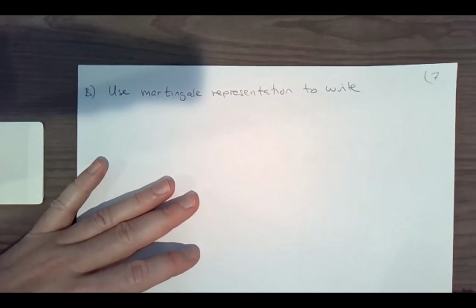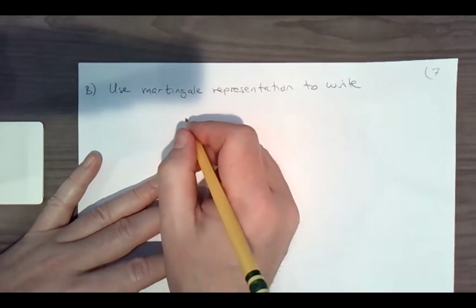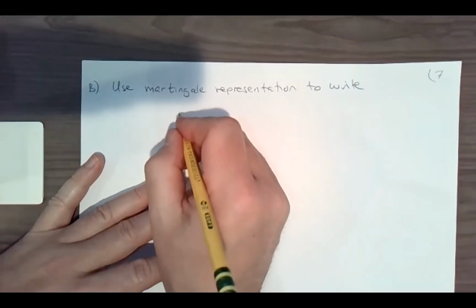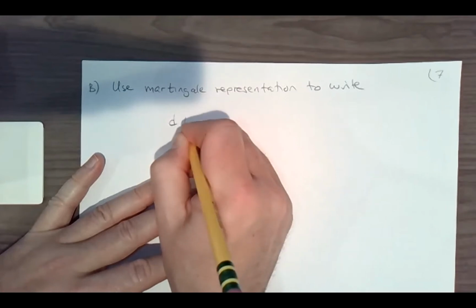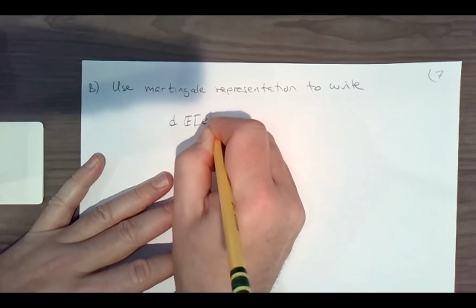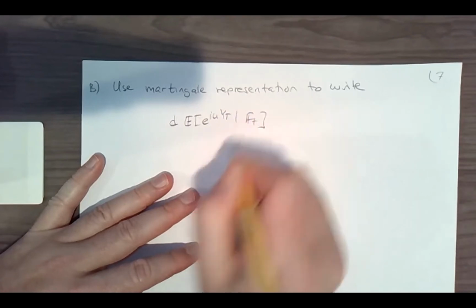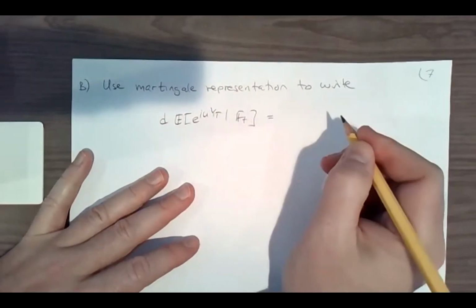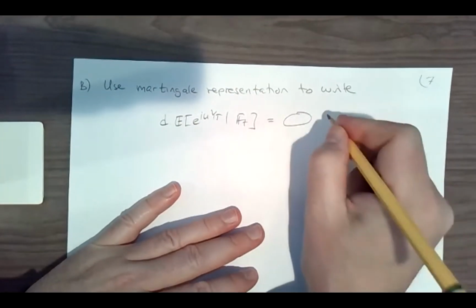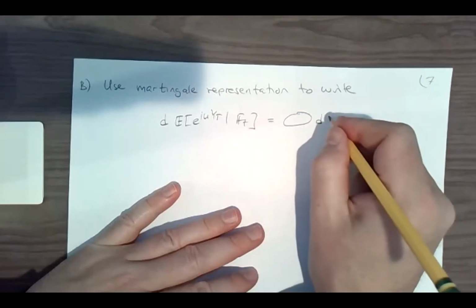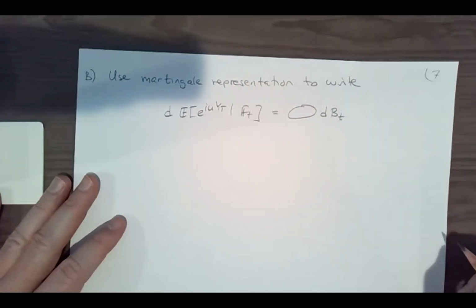So martingale representation will say that martingales can always be written as stochastic integrals. So you will have the d and then this conditional expectation. This is going to be equal to something here, and then dB_T. So martingales are given as stochastic integrals.